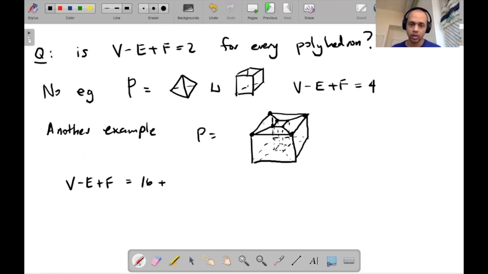There are 12 on the top, 12 also on the bottom, and then around in the middle, there are 4 plus 4, so 8. So that's 32. And then faces, 4 on the top, 4 on the bottom, 8, and then around the sides we have 4 outside here and then 4 inside. So that is 16. So in total we get V minus E plus F is 0.